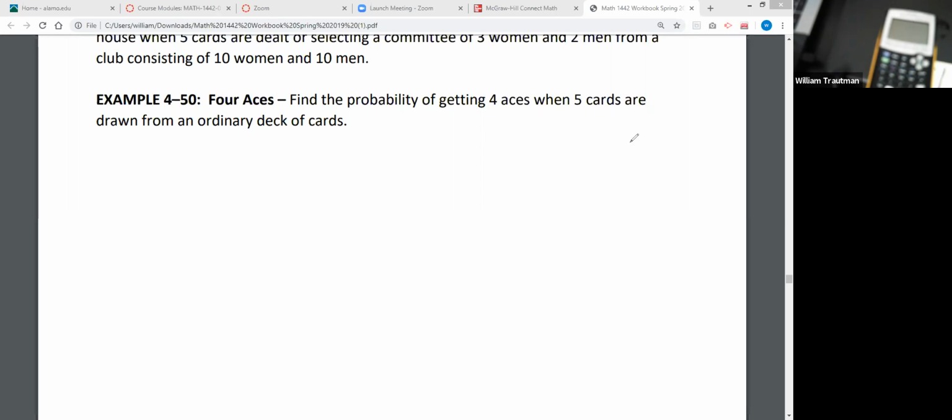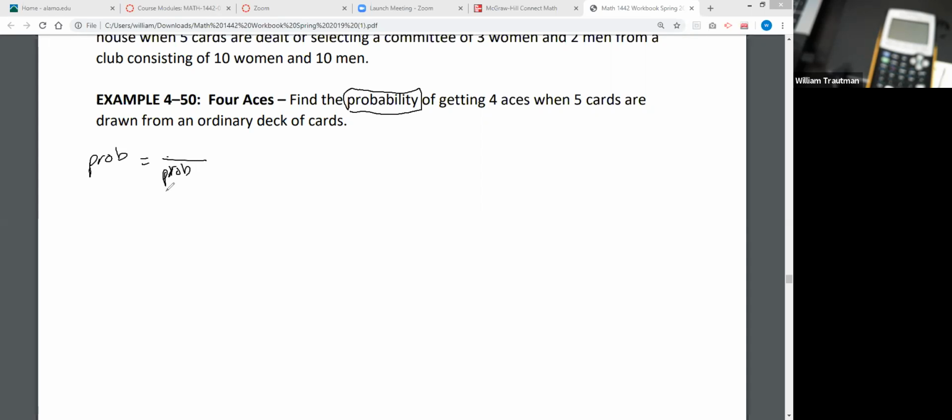But in this section, we're not looking for how many ways to arrange. We're looking for the probability. So this is not finding the ways of arranging, even though we're going to use that. We're finding the probability.